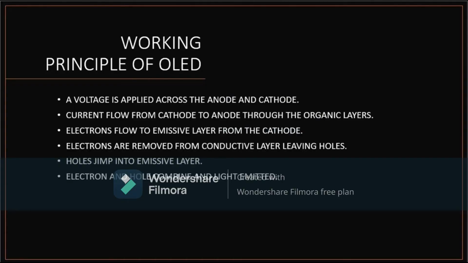Then the last but not the least is the working principle of an OLED. Typically, an OLED is composed of a layer of organic material situated between two electrodes, the anode and cathode, all deposited on a substrate. The organic molecules are electrically conductive as a result of delocalization of pi electrons caused by conjugation over part or all of the molecule.